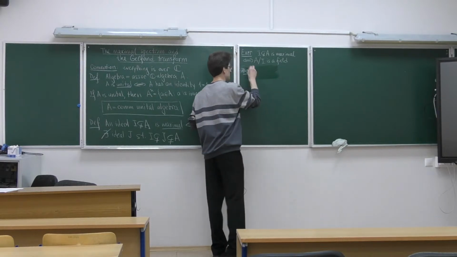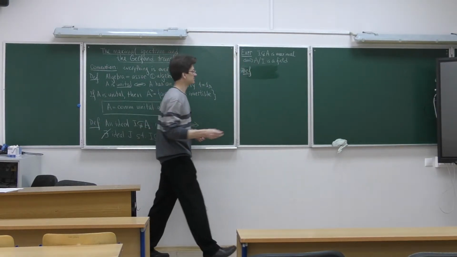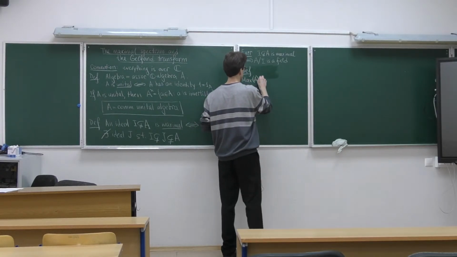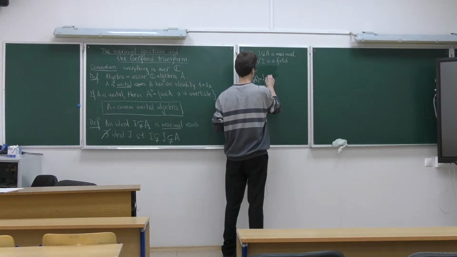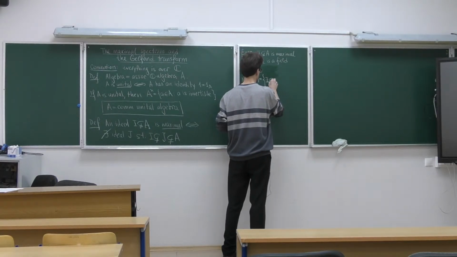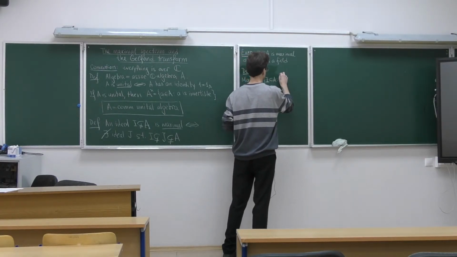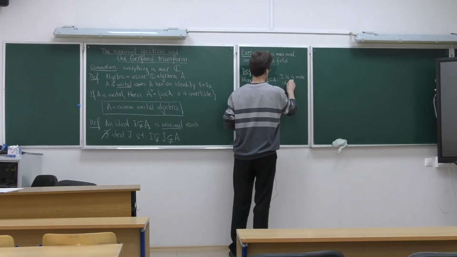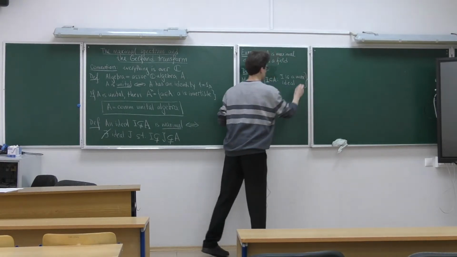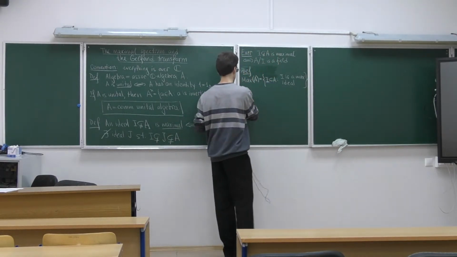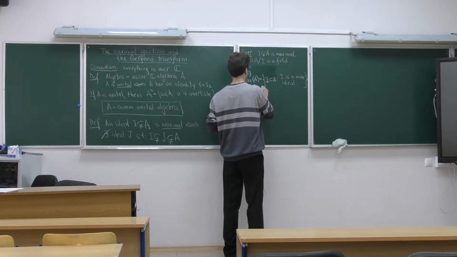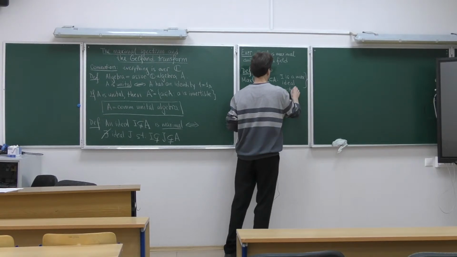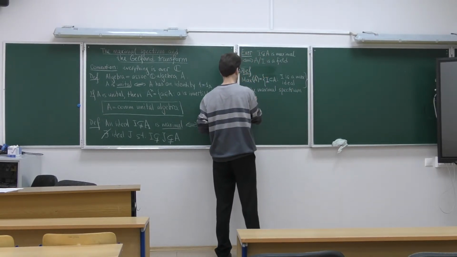The set of all maximal ideals will be denoted Max of A. This is the collection of all maximal ideals, and this set is called the maximal spectrum of A.